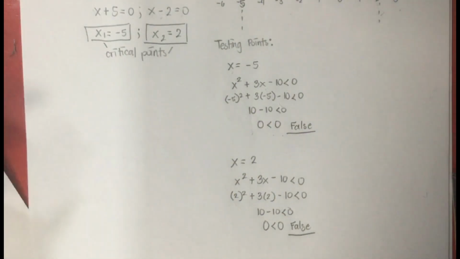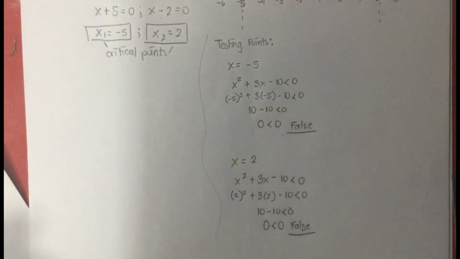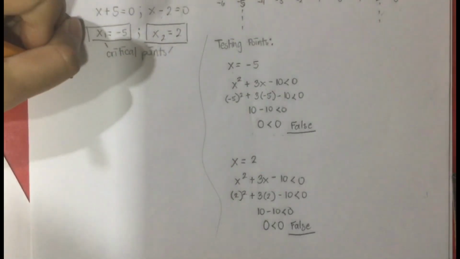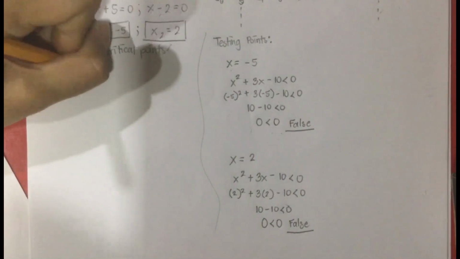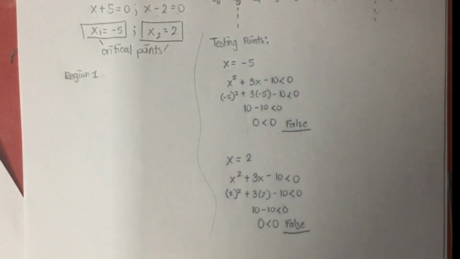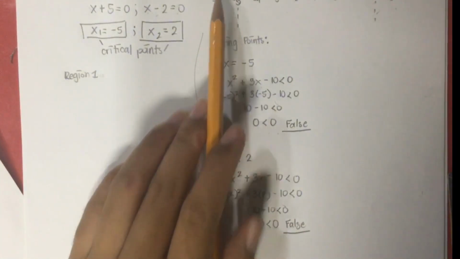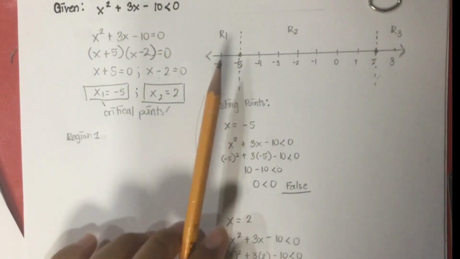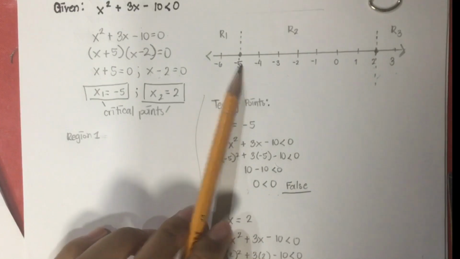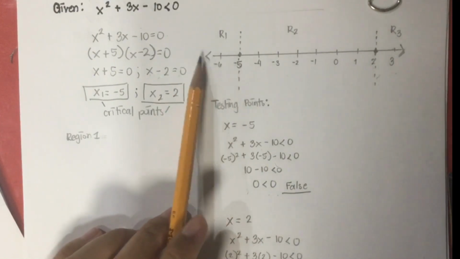Okay, so let's head on to our region 1. This is our region 1, from negative 5, negative 6, and so on. We're going to choose any number from region 1.